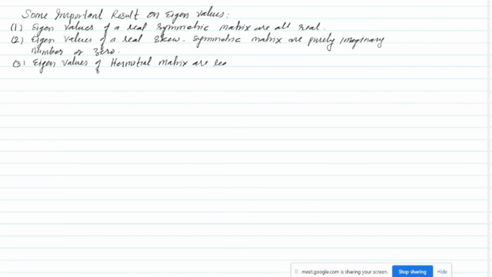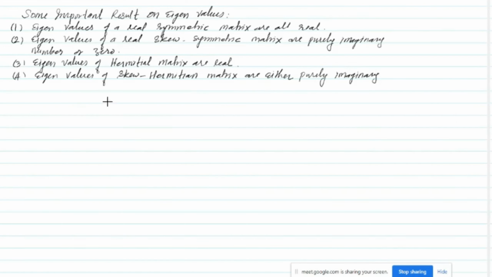Number four: eigenvalues of a skew Hermitian matrix are either purely imaginary numbers or zero.